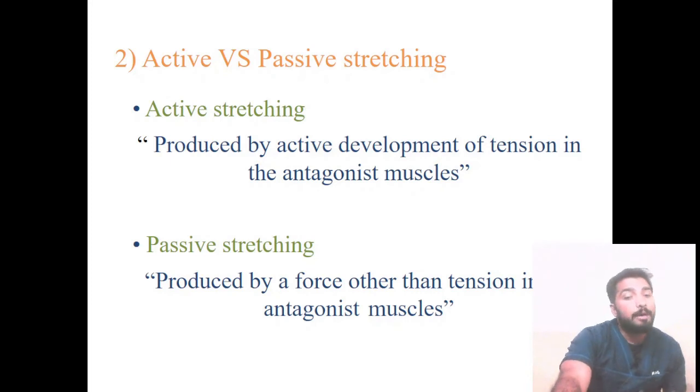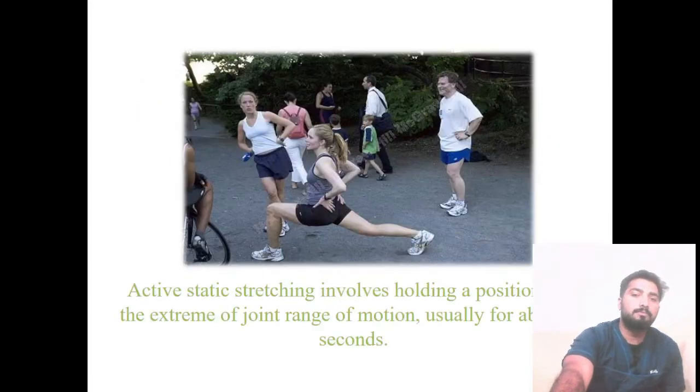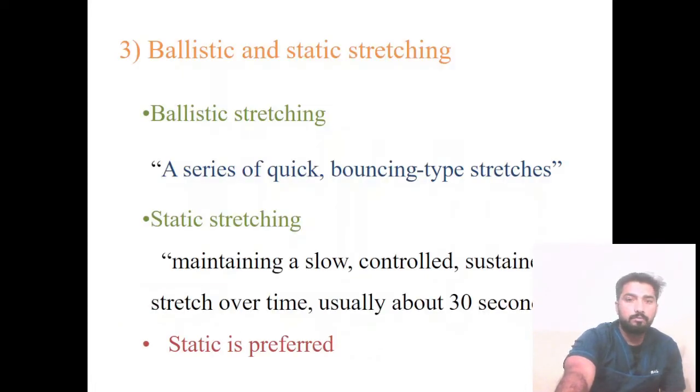So that is the passive stretch. Active stretch is done by the patient himself, and the passive stretch is done in some other way. Like here, athletes are performing active stretching before going into any kind of athletic activity.